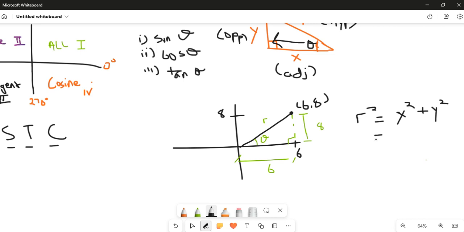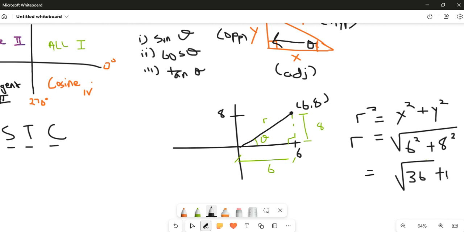So to get r, we have to get the square root of these two. x is 6, so we say 6 squared plus y is 8, so we say 8 squared. 6 squared is 36. 8 squared is 64. 64 plus 36 is 100.